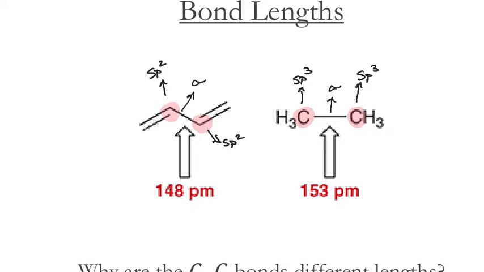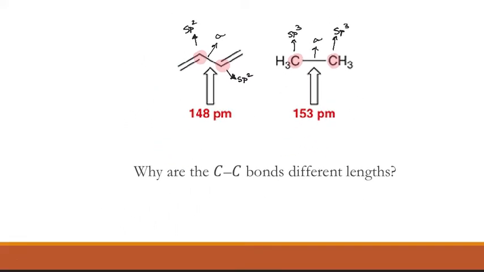And so because you have sp2 hybridized atoms, those orbitals are going to be shorter. If we were to look over here, let's say these are sp2, forming the sigma bond in there. All right, and I have the double bonds outside of that.